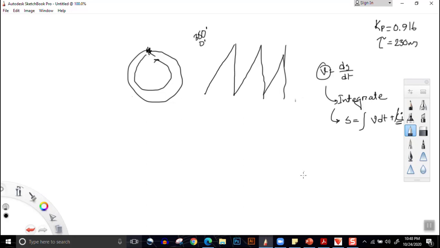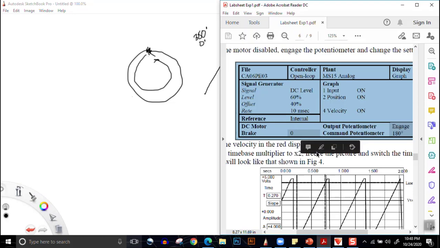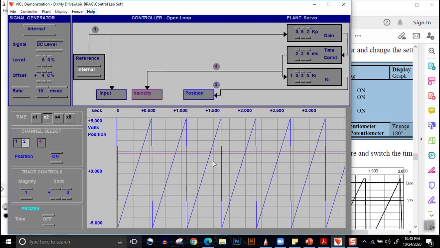Now, if you look at the data table, you'll find a phenomenon mentioned which is called V well. What is this V well? V well is this output voltage.